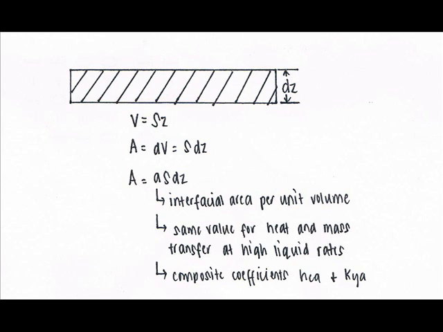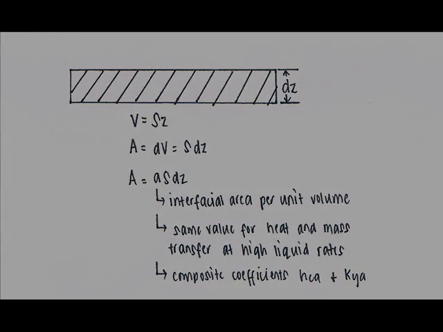Combine a with hC and kY to form composite coefficients hC a and kY a. hC is the heat transfer coefficient and kY is the mass transfer coefficient.